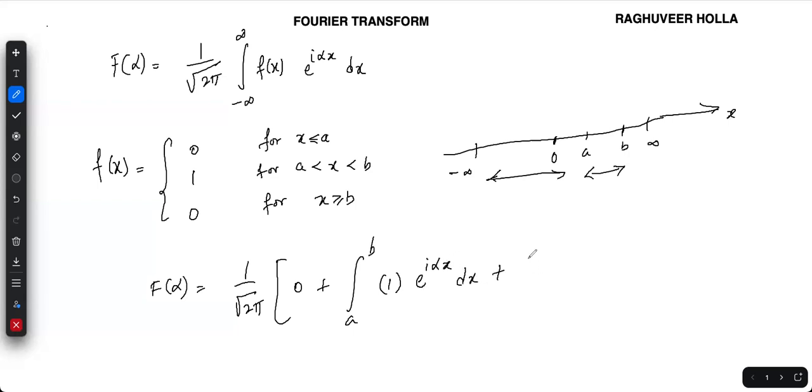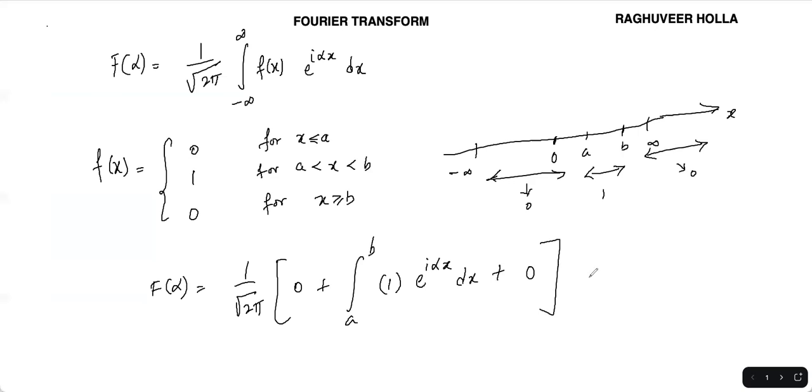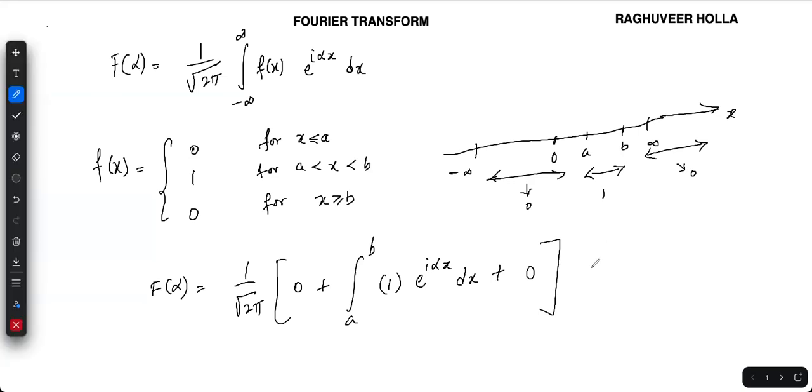Again, for greater than b, it is 0. So that's it. Now it became simpler to solve.